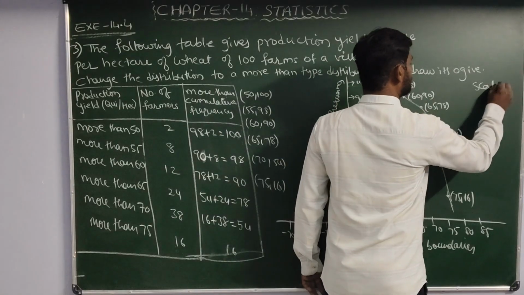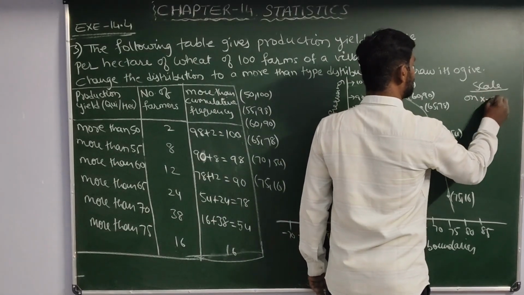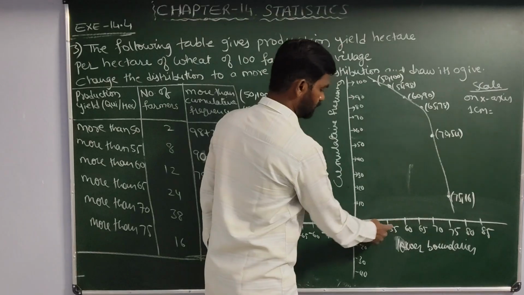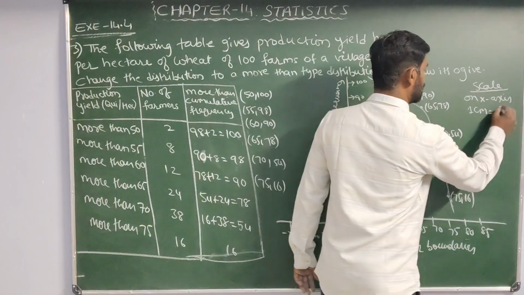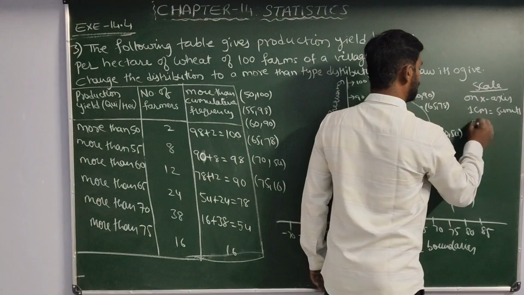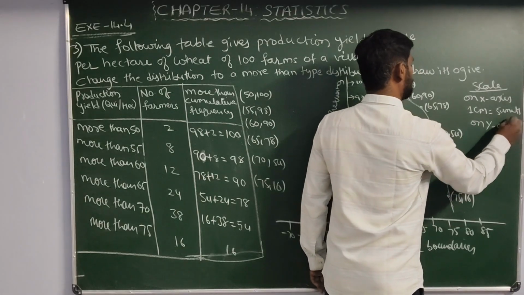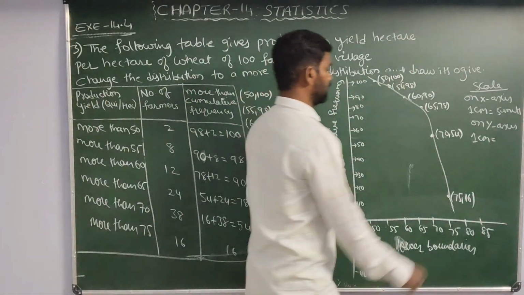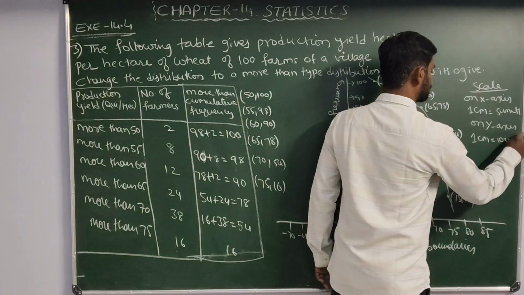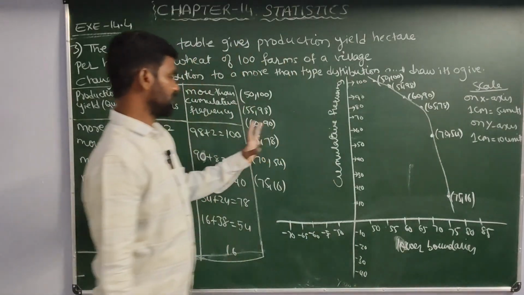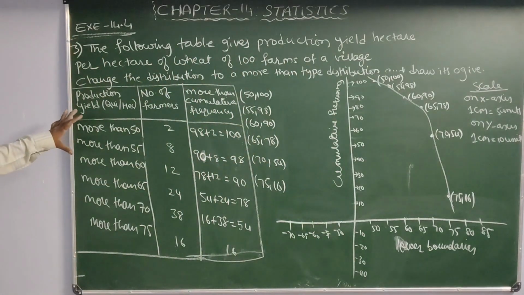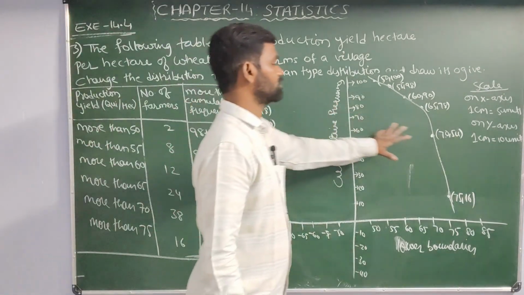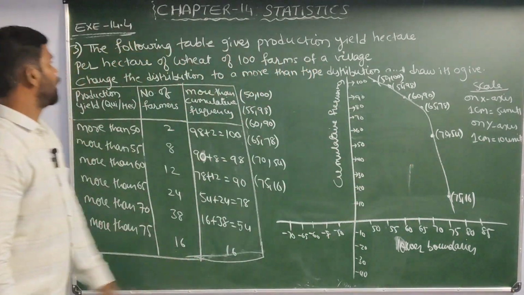What is the scale on the x-axis? 1 centimeter is equal to how many units? 50, 55, 60, 65, so 5 units. On the y-axis, 1 centimeter is equal to how many units? 10, 20, 30, so 10 units. So this is a representation of changing the given distribution to more than type and drawing its ogive. So this is the answer for the third question.